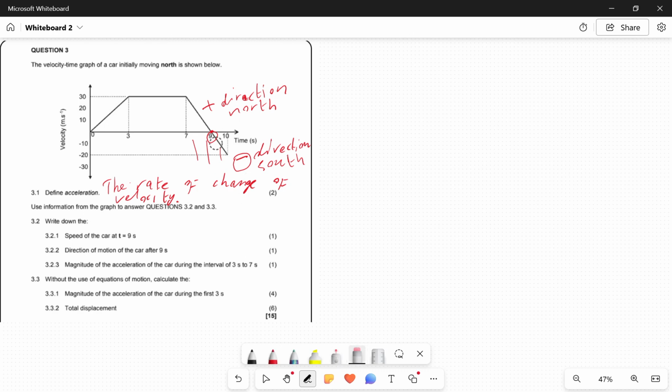Let me use my pointer. So this is where my 9 is. T is equal to 9. There is my 9. Can you see it?